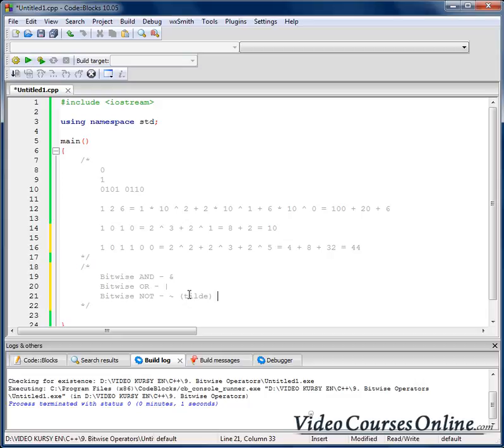And there are 3 more operators here this time. Bitwise exclusive OR, which is caret, exclusive OR because it looks like that, right? It's abbreviation for exclusive OR.